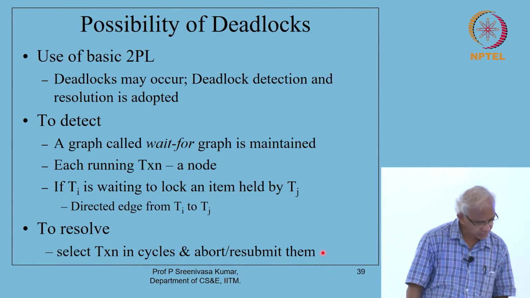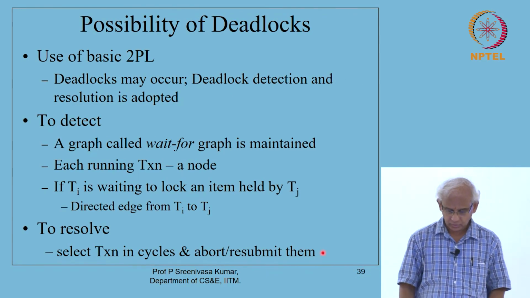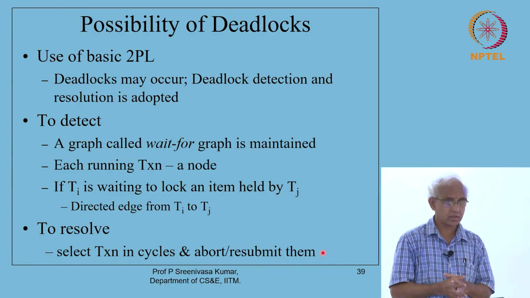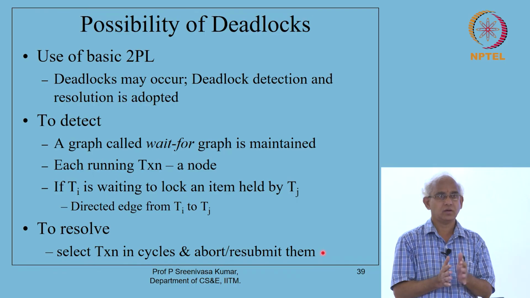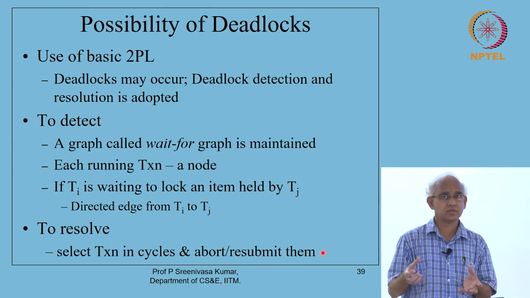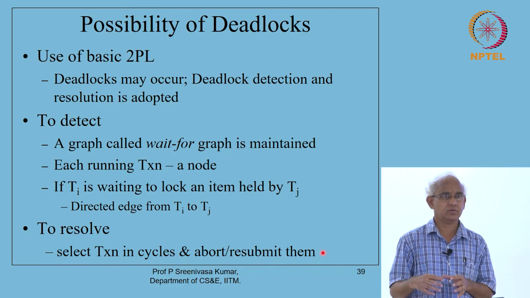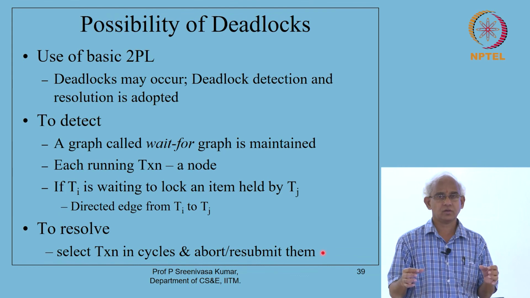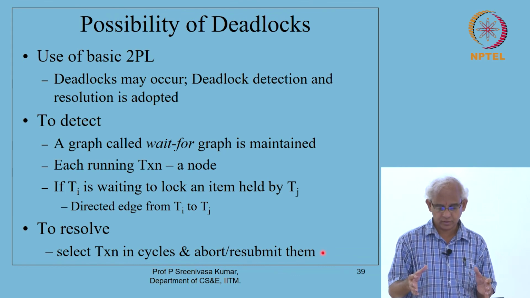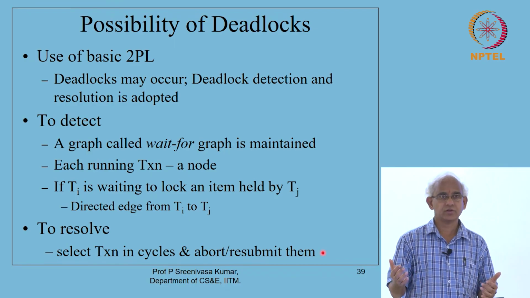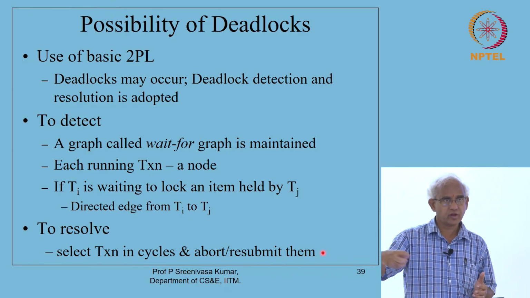So with that, I will stop for today, and then I will take up the issues connected with system failures and crashes, and how they influence the schedules. The schedules are happening, but we also have to take into consideration the issues from the system failure point of view.